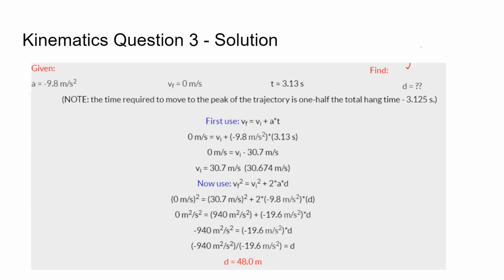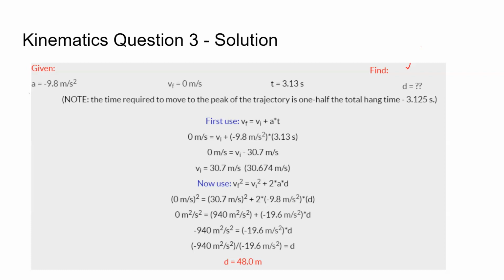First we would have to use the equation final velocity equals initial velocity plus acceleration times time, and that would give us our initial velocity. Then we plug that into the second equation, which is final velocity squared equals initial velocity squared plus 2 times acceleration times change in position.